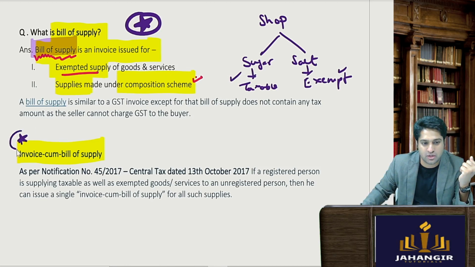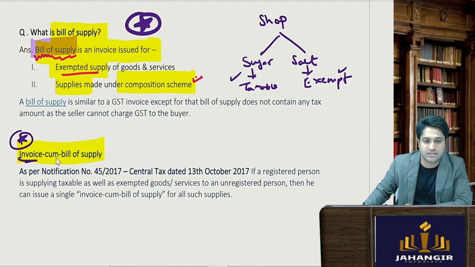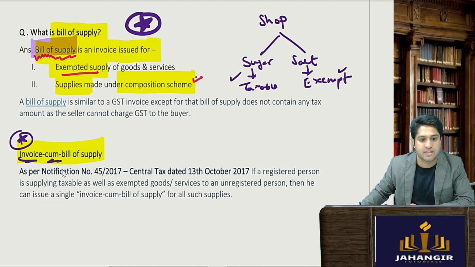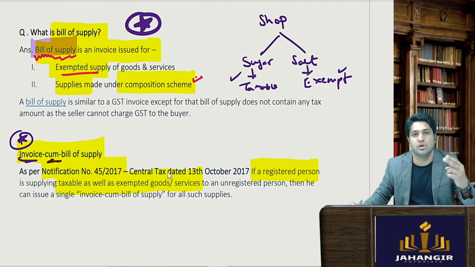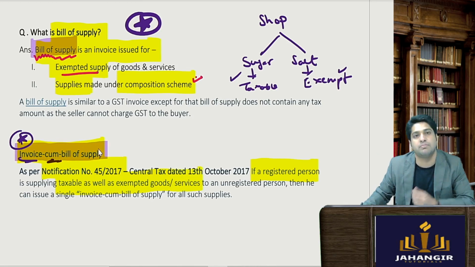The concept is called an invoice cum bill of supply. So it's a tax invoice cum bill of supply. You can mark this as important. As per notification number 45/2017, if a registered person is supplying taxable as well as exempted goods, he doesn't have to issue two separate invoices. He will issue something called an invoice cum bill of supply.